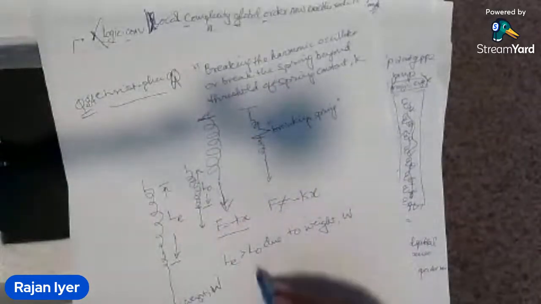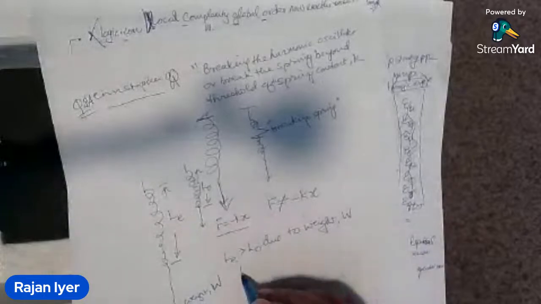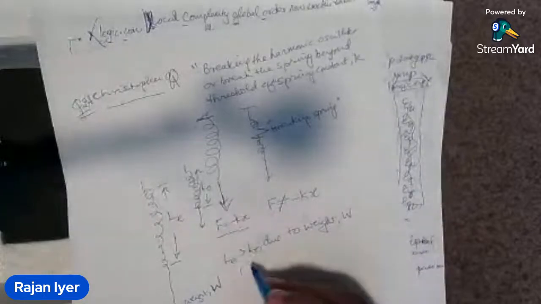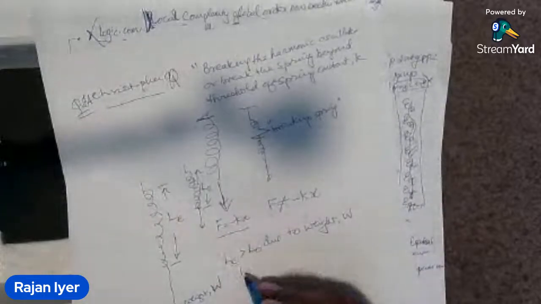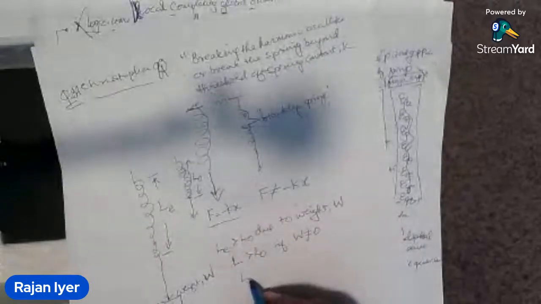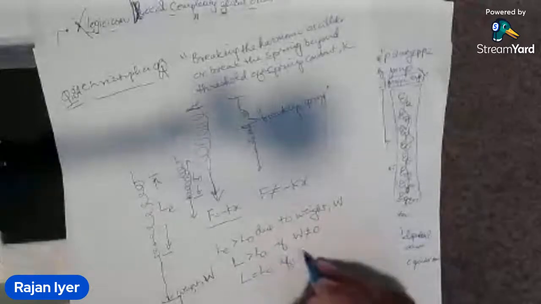So L is greater than L naught if W is not equal to 0, and L equal to L naught, which is the original length, if W equals 0.